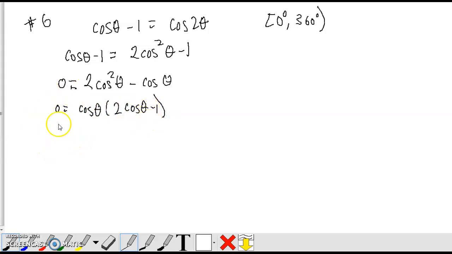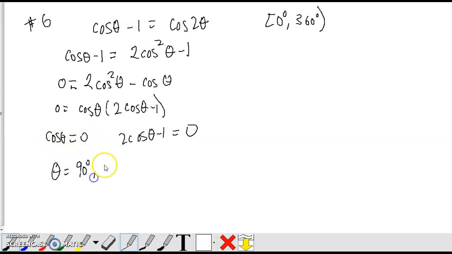Notice that I don't have to write a let statement or anything, so I'm just going to set everything equal to 0. When cosine of theta is equal to 0, theta is either 90 degrees or 270. In this equation, cosine of theta is equal to 1/2, and so that is either 60 degrees or 300.